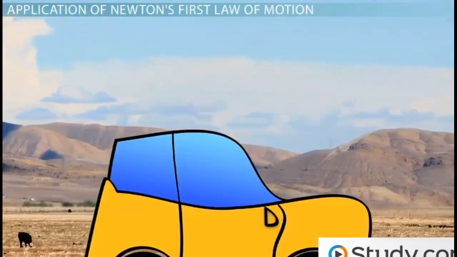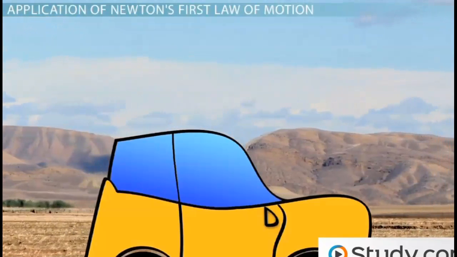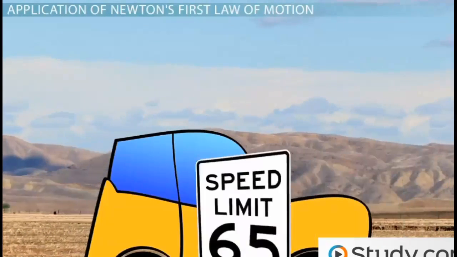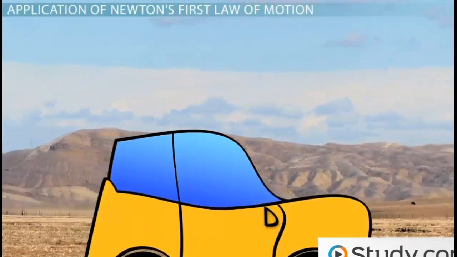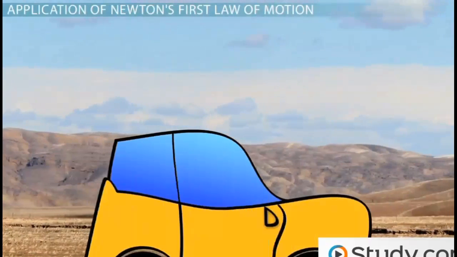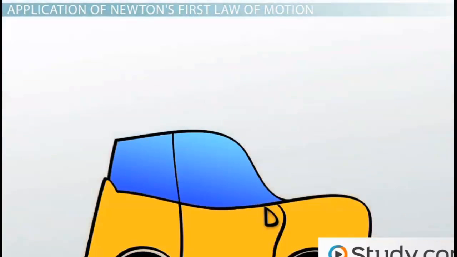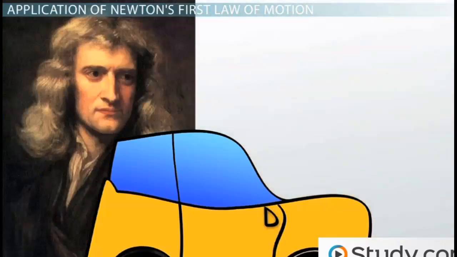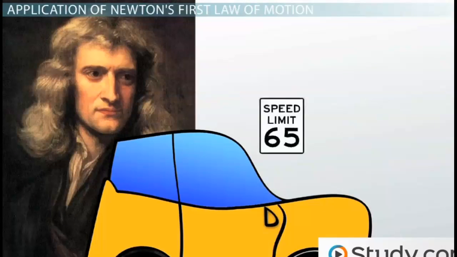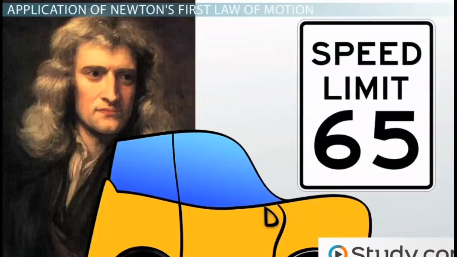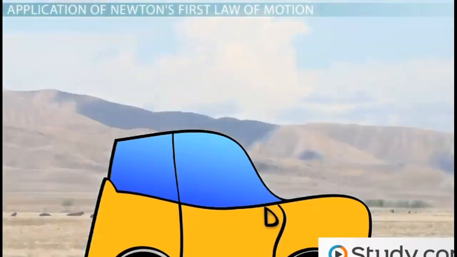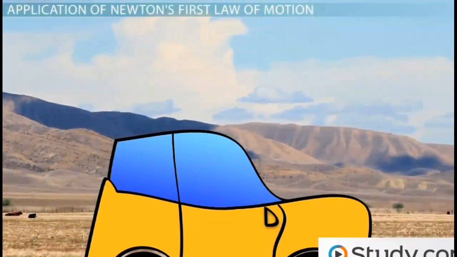Consider a car moving west along a highway with a constant velocity of 65 miles per hour. What happens when the driver takes his foot off the gas pedal? Well, according to Newton's first law of motion, the car should remain at a velocity of 65 miles per hour as long as the forces are balanced. As we have witnessed, however, the car slows down and it comes to rest.